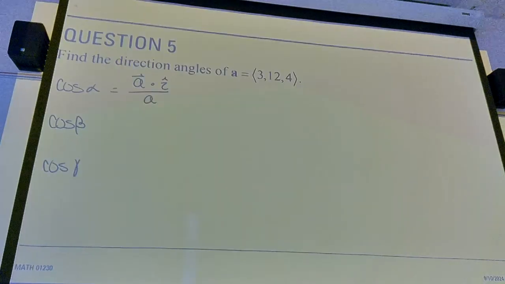What happens if you take the dot product of A with I hat? What do you get? Just the x component, isn't it? Because I hat's 1, 0, 0.